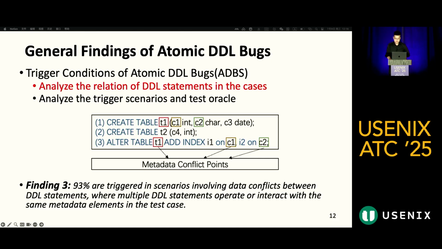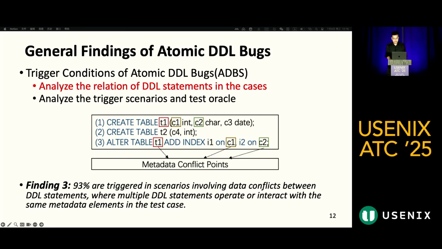Here is the third finding, on the triggering conditions of ADBs. We analyzed the relation of DDL statements in the cases and found that about 93% of the ADBs are triggered in scenarios involving data conflicts between DDL statements, where multiple DDL statements operate on or interact with the same metadata elements in the test case.